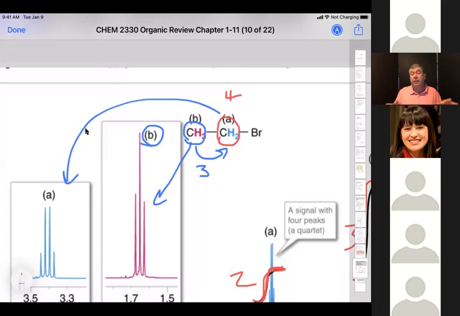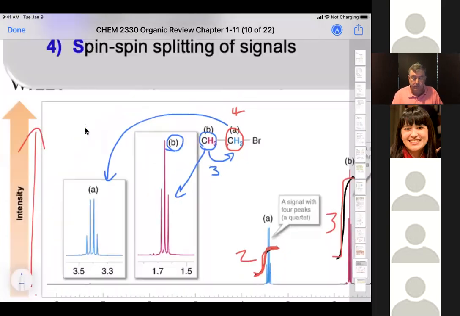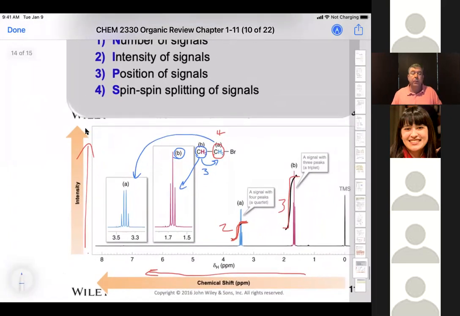Sometimes you might think you can tell by shift, but you want to put all of the pieces together. You want to look at the intensity, the splitting, and the shift. And that'll help you identify them. Even if you get the intensity wrong on one or the position wrong on one, the splitting is going to tell you which is which.